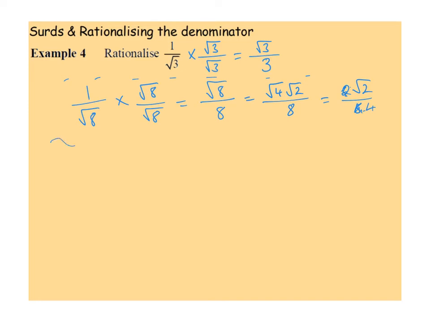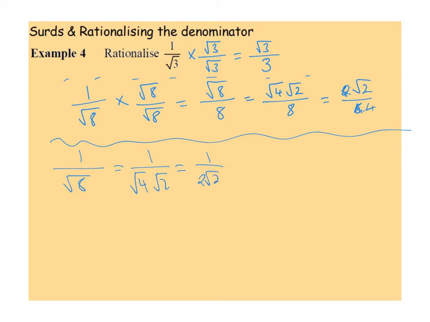Or another way of doing this would be to do the simplifying first. And I could say this is 1 over root 8, which is actually 1 over root 4 root 2, which is 1 over 2 root 2. And so the only thing that I need to worry about here is the root 2 part.